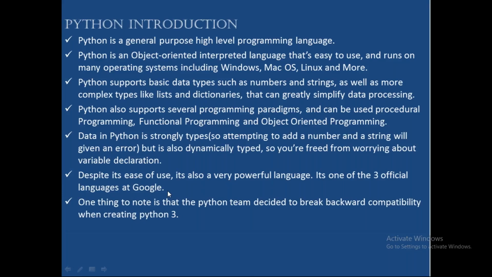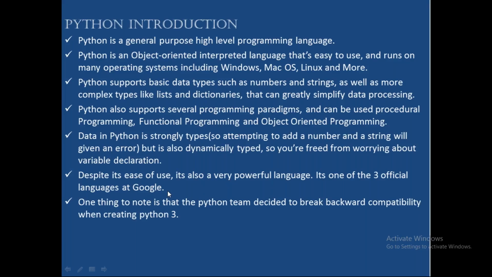One thing to note is that the Python team decided to break backward compatibility when creating Python 3. What it means is, we have different versions of Python: Python 1, Python 2, Python 3. In any software you develop, whenever you implement new features, they should support the previous versions.